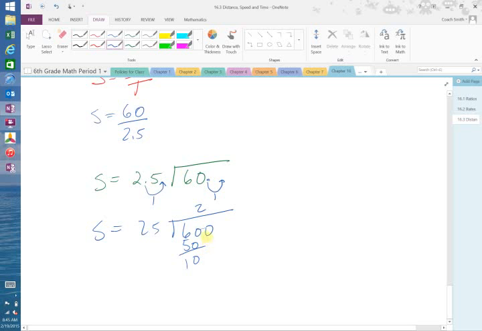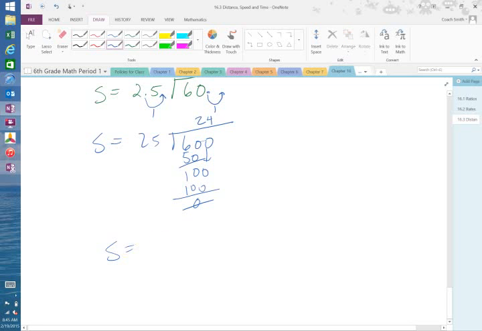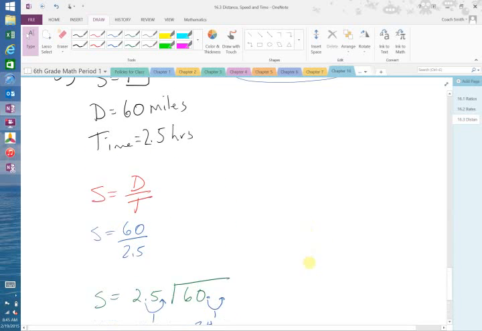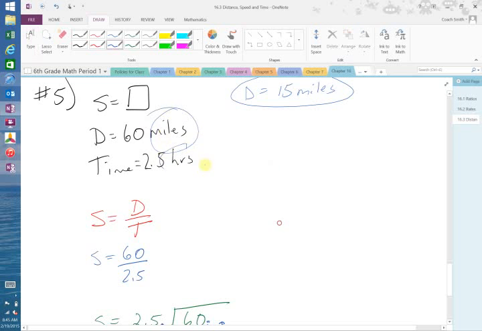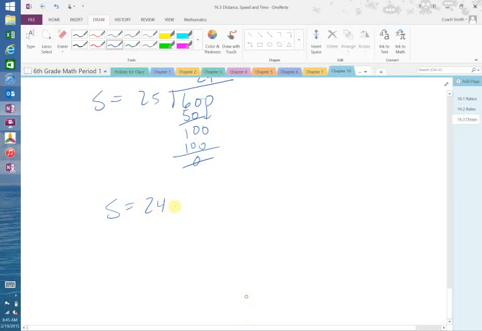Remainder 10. Bring down my 0. 25 into 100, 4 times, 100. Remainder 0. So speed, remember we got to have the correct label here. We were dealing with miles and hours. So that would be 24 miles per hour. And that would be your answer.